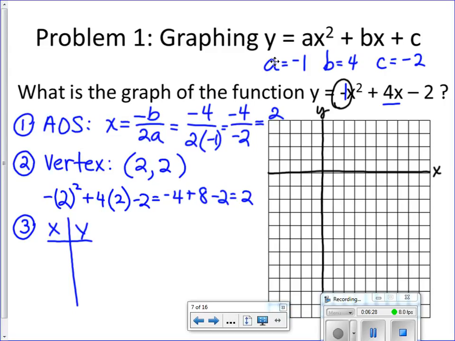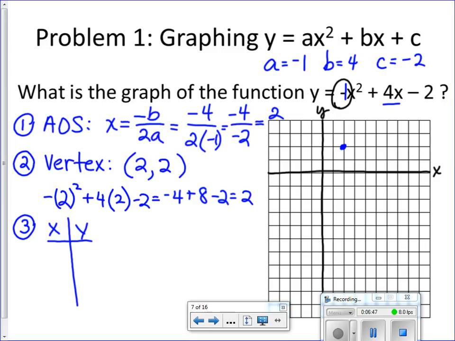Because we know that our parabola has a vertex at 2, 2, which would be right here, and it opens downward. All right, so what we want to do is pick a couple points on either side.